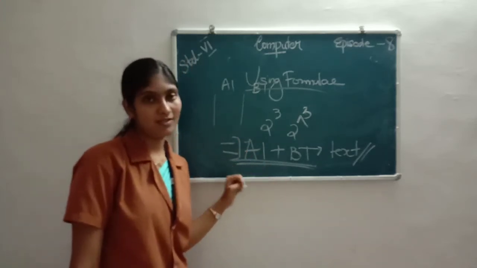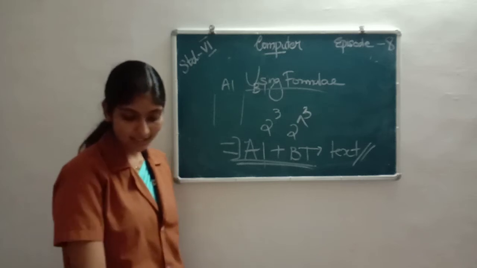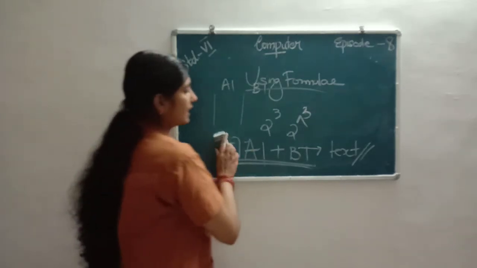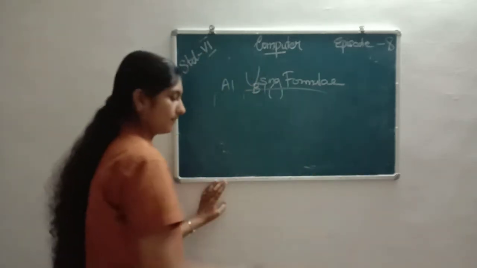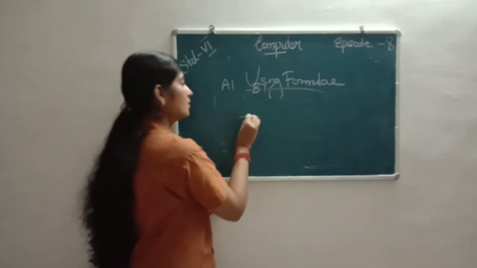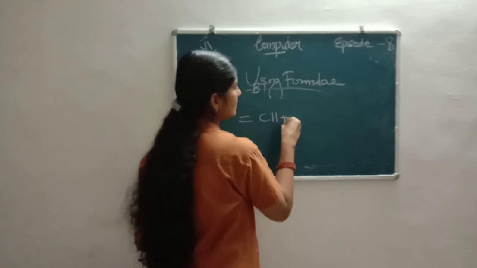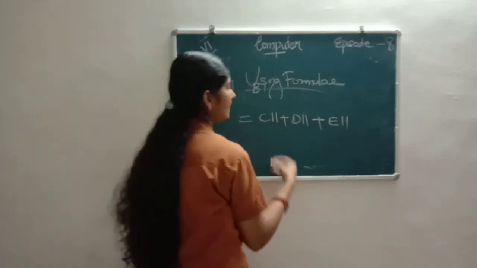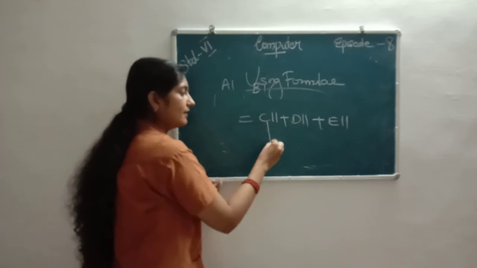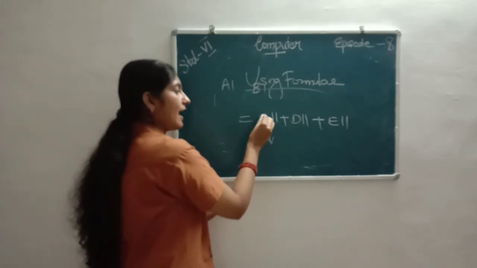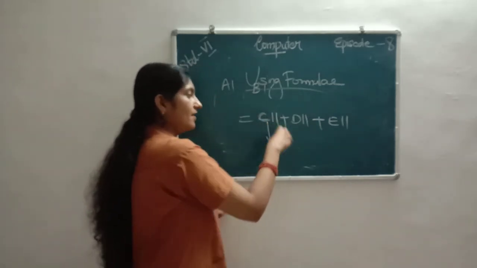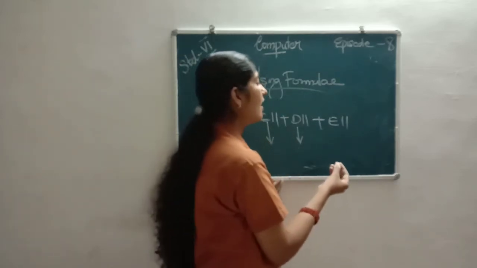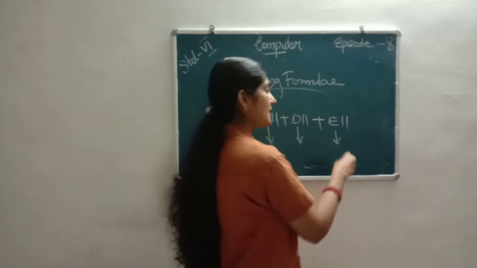So if you want to enter a formula, first you have to put an equal to symbol before entering the equation. Right? Okay, here an example: equal to C11 plus D11 plus E11. That means the data from cell address C11, the data from D11 and the data from E11.